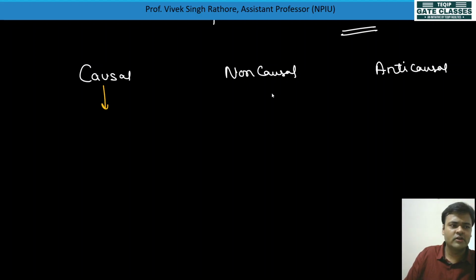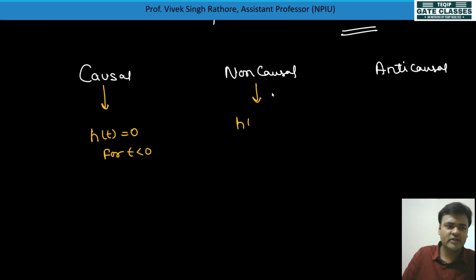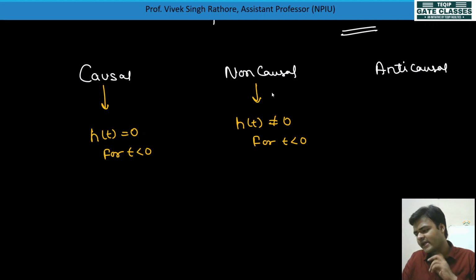For the impulse response to be causal, h of t should be equal to 0 for t less than 0. This condition represents a causal impulse response. Non-causal is h of t not equal to 0 for t less than 0.